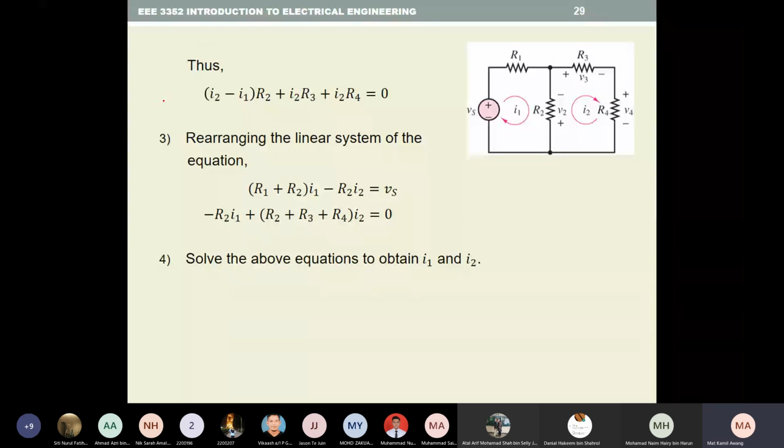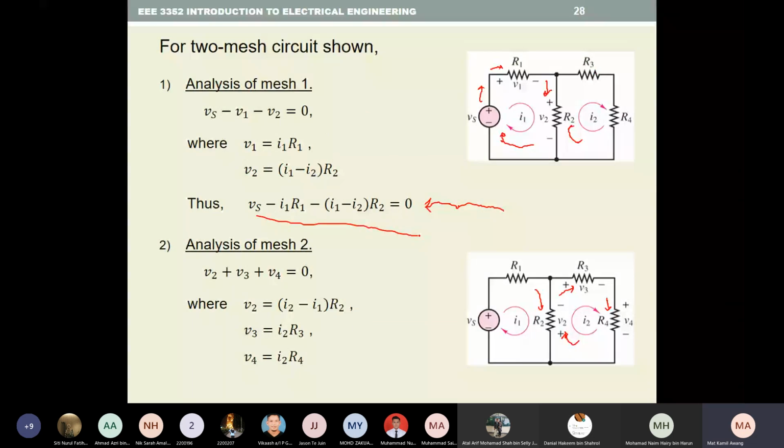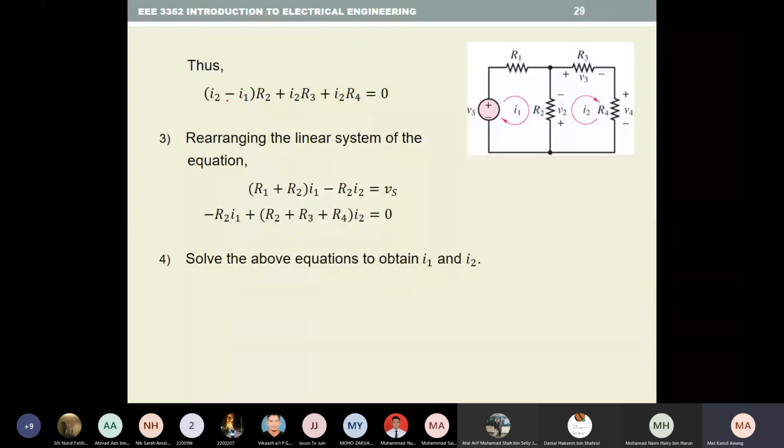Therefore, it can be written as, in the bracket, I2 minus I1 times R2 plus I2 R3 plus I2 R4 equal to 0. So you rearrange this equation, and it can be written as this. The variables are actually I1 and I2, the independent variables.